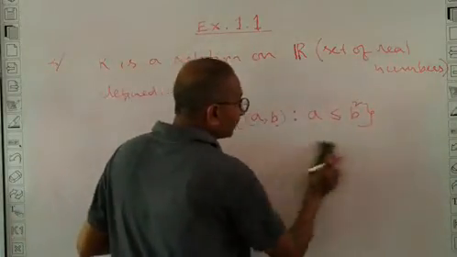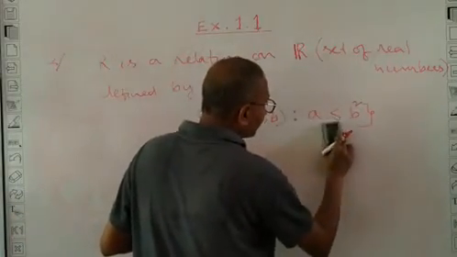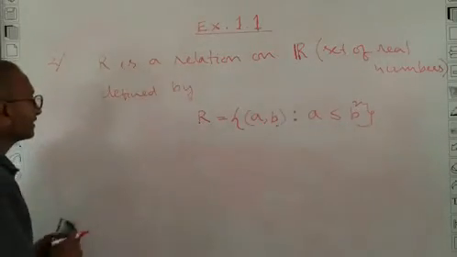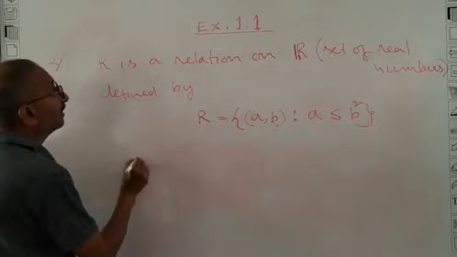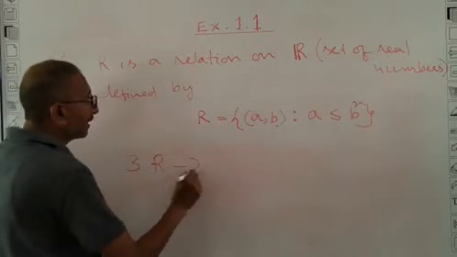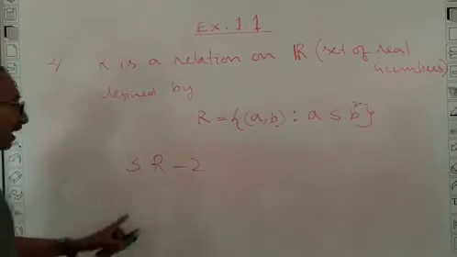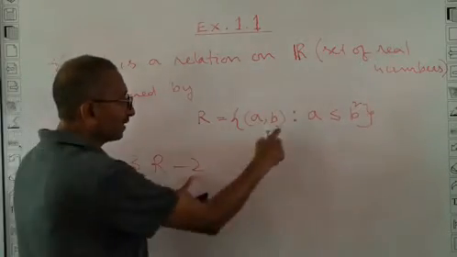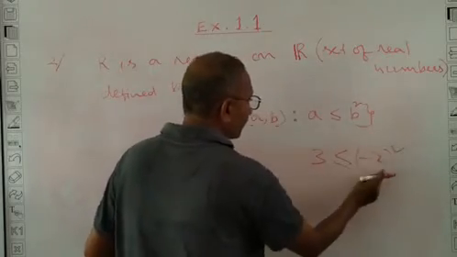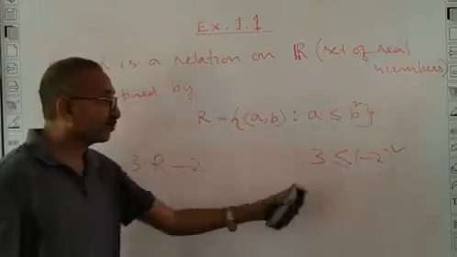We'll have to find an example which shows that it is not transitive. Let us take one positive number and one negative number. See whether 3 is related to -2: -2 square is 4, and 4 is greater than or equal to 3. This is true.